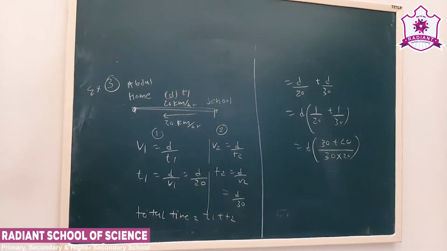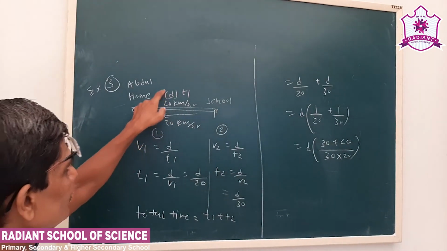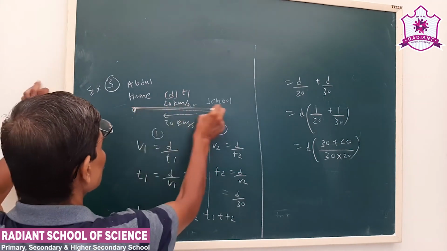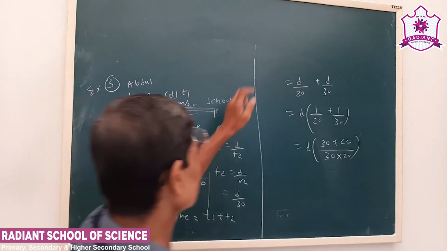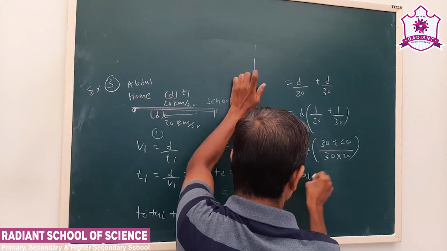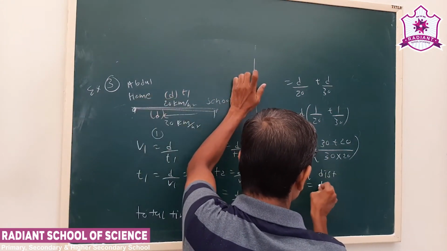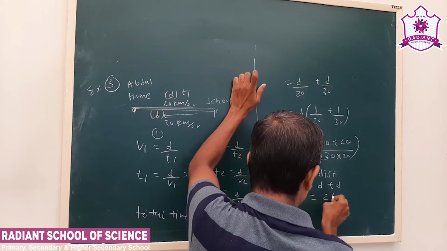Now here is how we obtain it. This is the total time. What is the total distance? See, from home to school the distance is d, and the return journey will be the same distance. So the total distance is 2d.